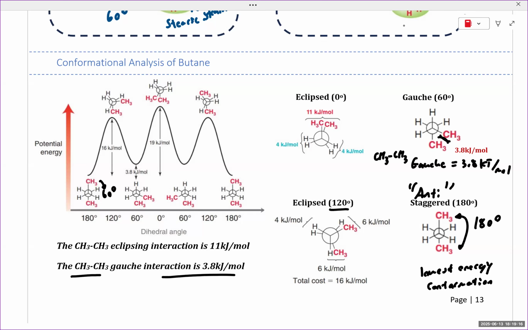Rotating your carbon-carbon bond once more, 60 degrees, we get the highest energy or a high energy eclipsed interaction.